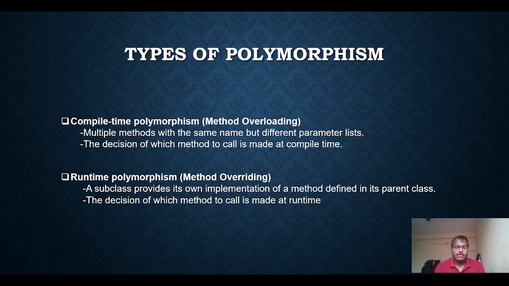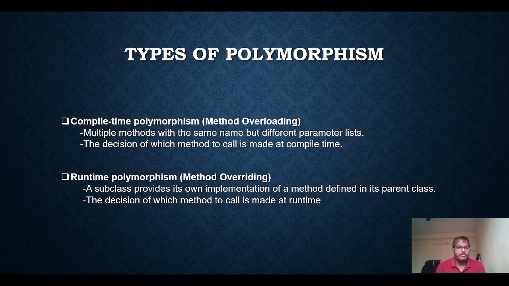For that you have to use inheritance, you have to extend also. The decision of which method to call is made at runtime. What does that mean? At runtime, which overridden method to call will be decided, based on the object type, when you run java with the file name.